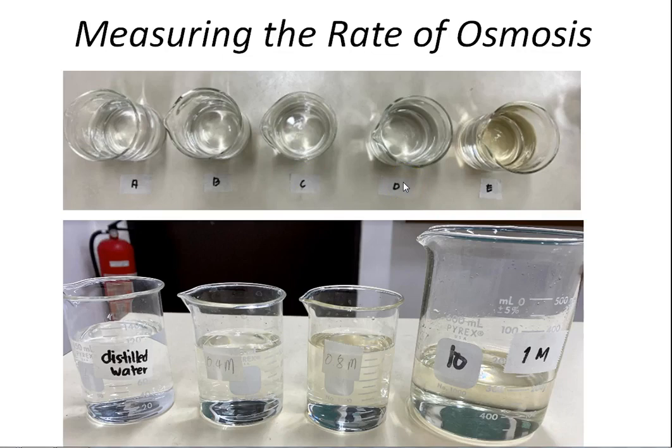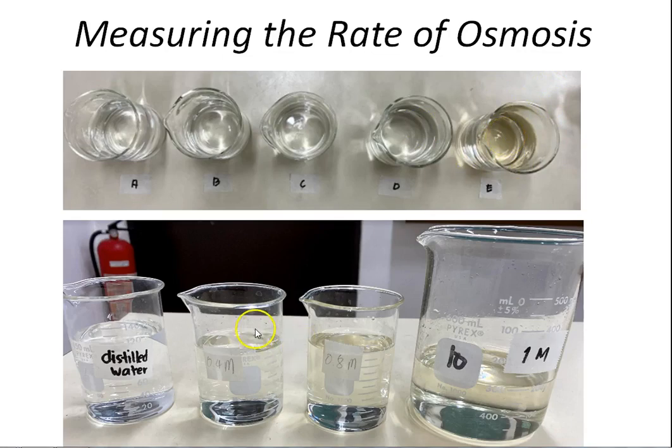And then for the last beaker, we place 1 mole sucrose solution. So we fill it up to about 2/3 full. So for beakers 1 to 4, or ABCD, you have distilled water. For the last beaker, it would now contain 1 mole of sucrose solution.